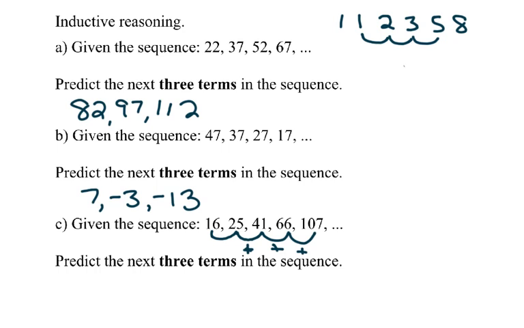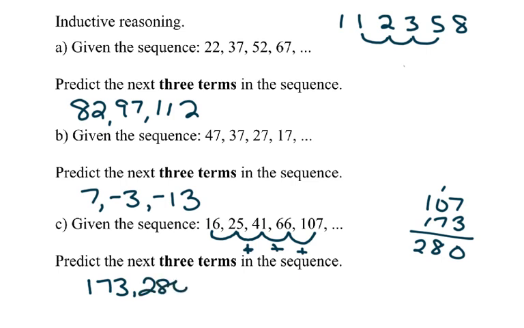And that next term would be 173. We now want to take 107 and add it to 173. That will give us 280.